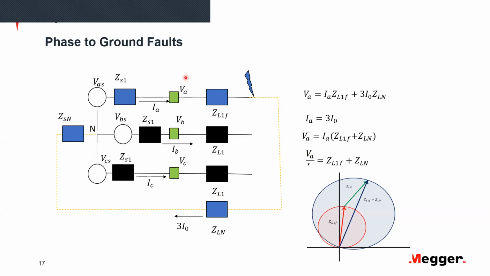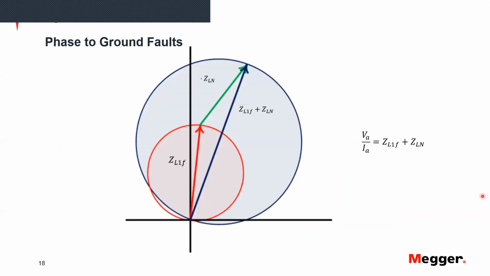And if you use only the voltage here and the current to do the calculation, then you will get that the voltage divided by the current equals this impedance plus this one. And this is why faults occurring on the neutral are a little bit more tricky, a little bit more difficult to estimate what the actual distance is.